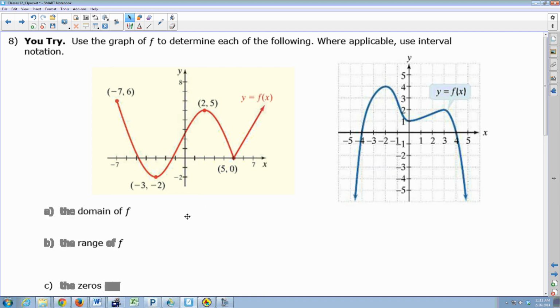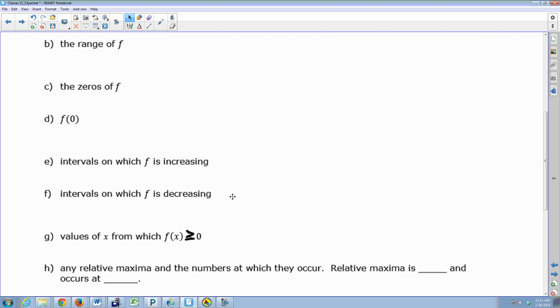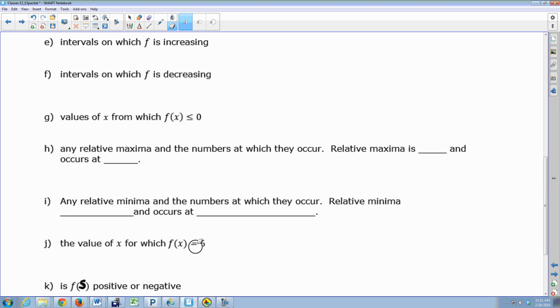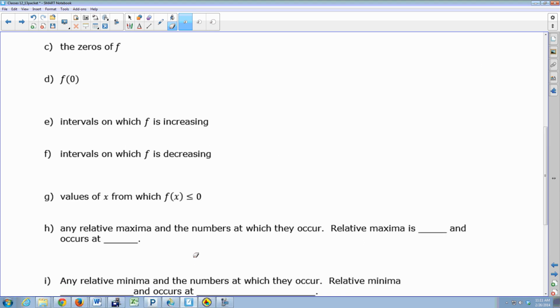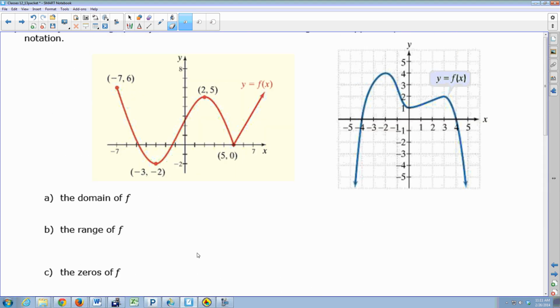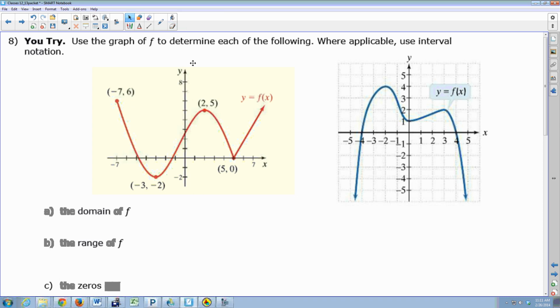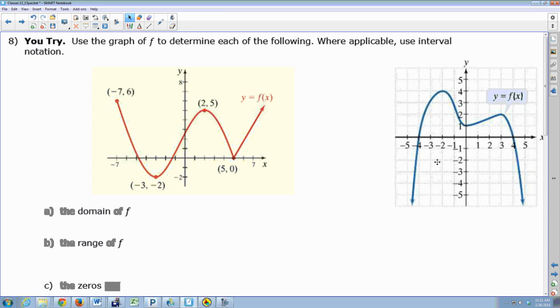This is the same graph that we worked on initially. Let's do this together, and then I'm going to ask you to do what's at your seat. So here's our graph of f.